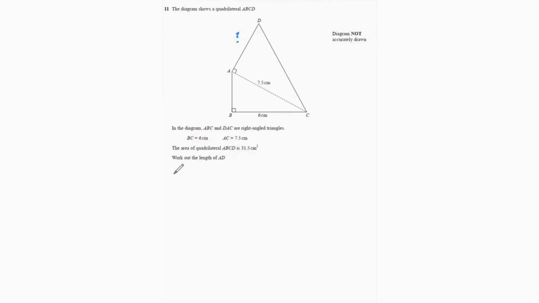So we can write 31.5 as 1 over 2 times 6 times AB, AB being the height of this triangle, and then plus 1 over 2 times 7.5 times AD, which is the height of the other triangle. Another thing we can do first is that if we highlight this triangle ABC, we can see that we have the hypotenuse and the other length, so we can easily find AB.